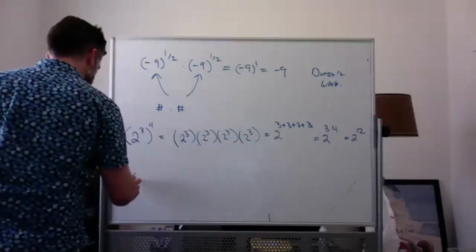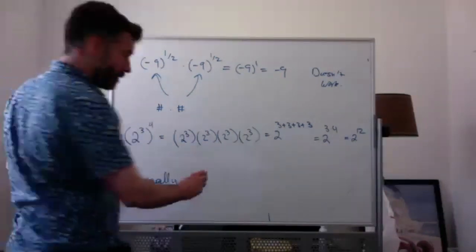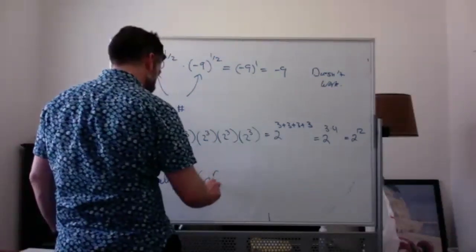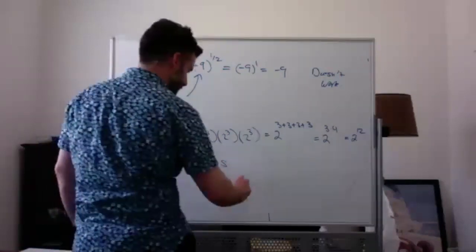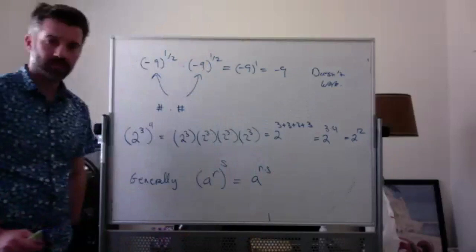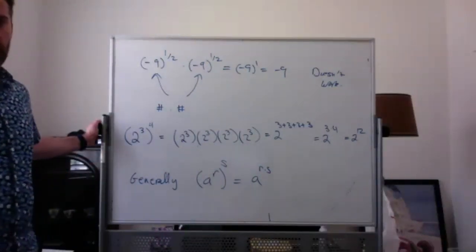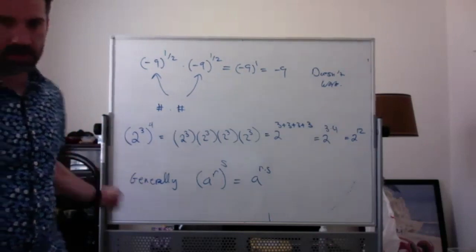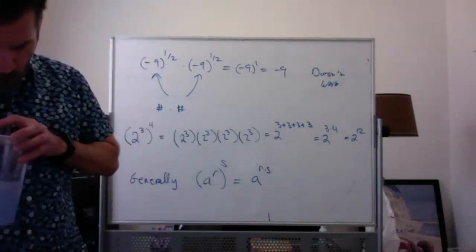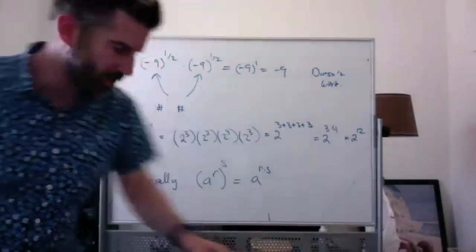So generally we have that a to the r, to the power of s, is equal to a to the r times s. Or as I say, when you have a power to a power, you multiply the powers.